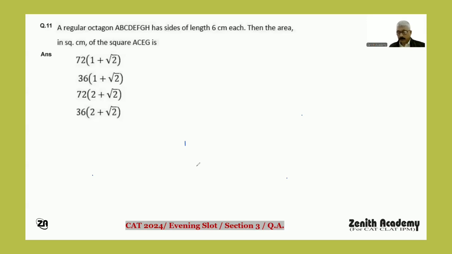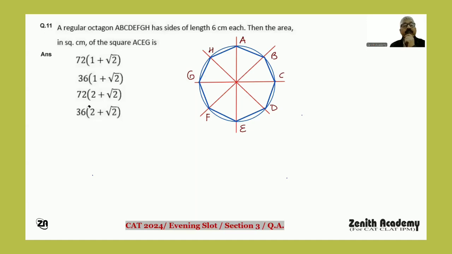So let's see the diagram first. This is the figure. Here A, B, C, D, E, F, G, H is an octagon and its side length is 6 centimeter each. It is a regular octagon, so all sides of this octagon are equal and it is given equal to 6, 6, 6, 6.